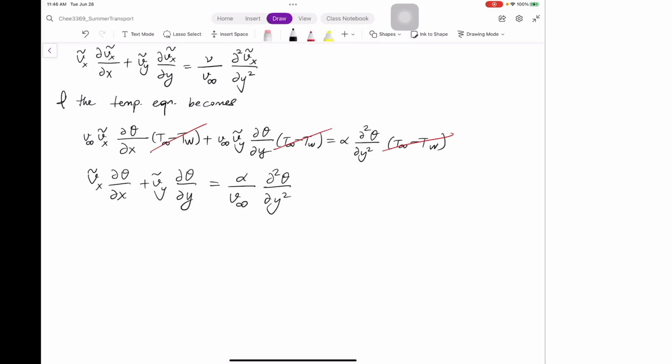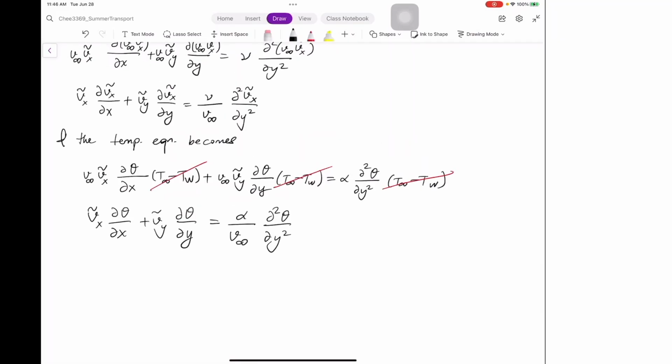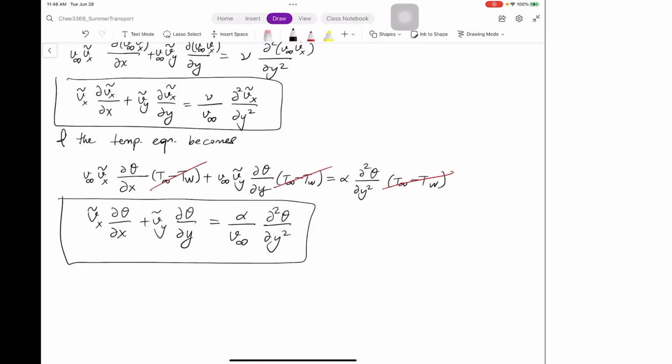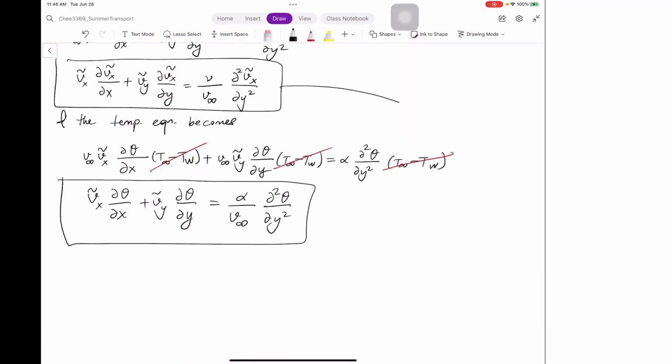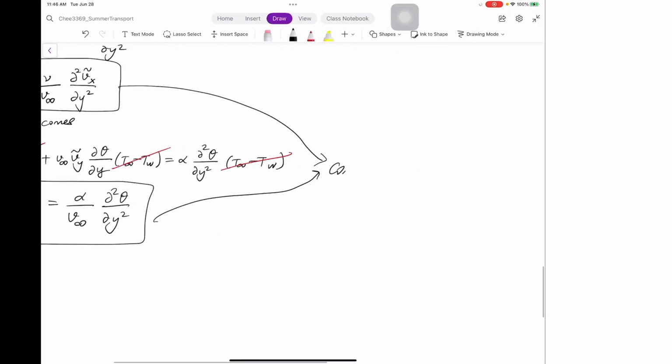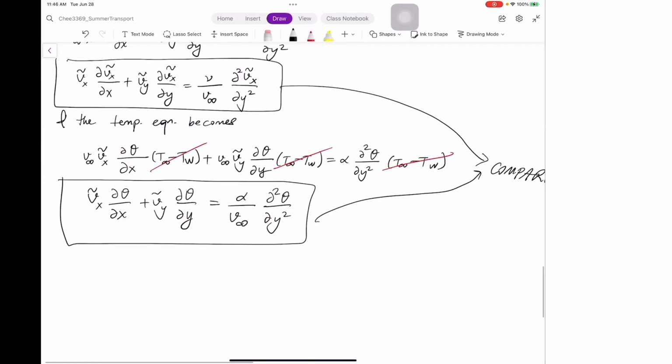So look at these two equations. They beautifully match, right? Compare the two. Now, we know that our boundary conditions are exactly the same.